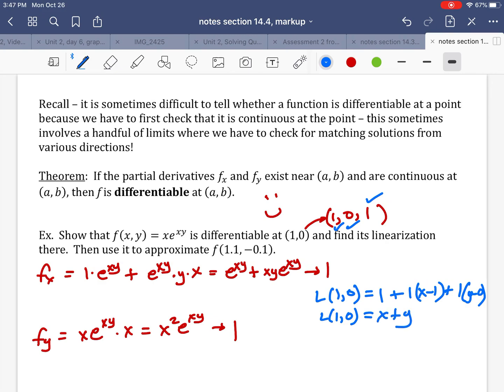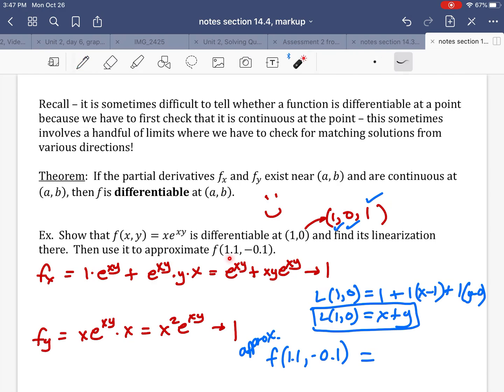So my linearization at (1, 0) is just x + y. If you would like to estimate something close to the point (1, 0), you could just add your two numbers together. So this is my linearization, my estimate of something real close. So I want to approximate f(1.1, -0.1). Look at how tedious that would be if you had to plug in 1.1 for your x's right here, and you had to plug in -0.1 right there.